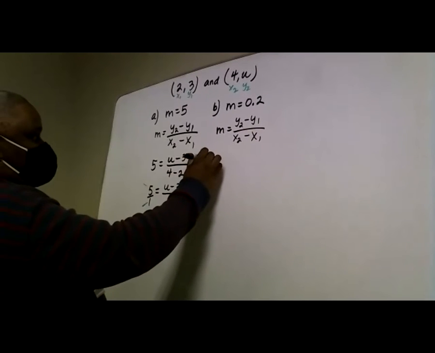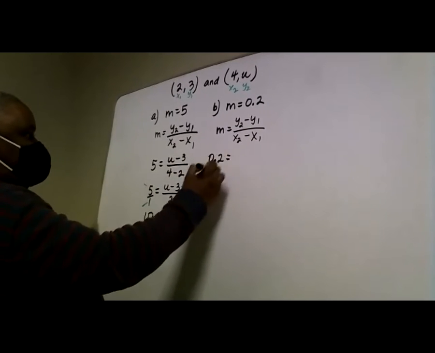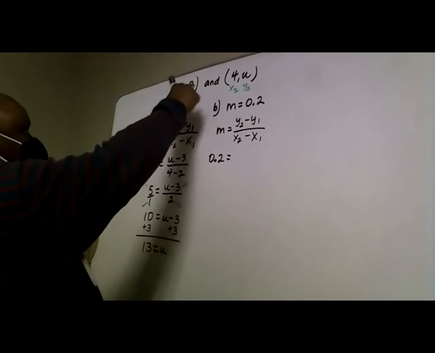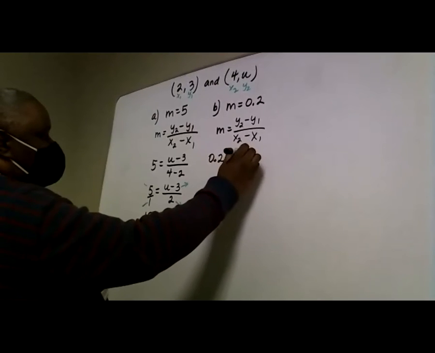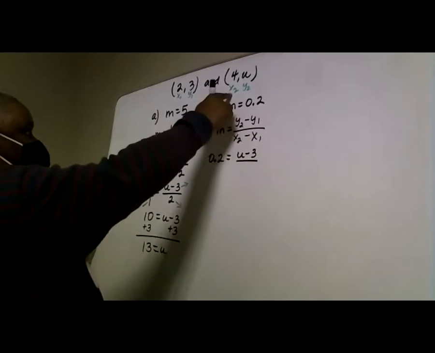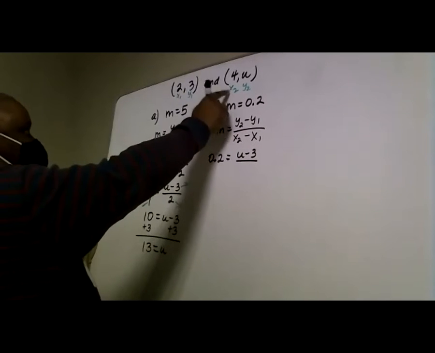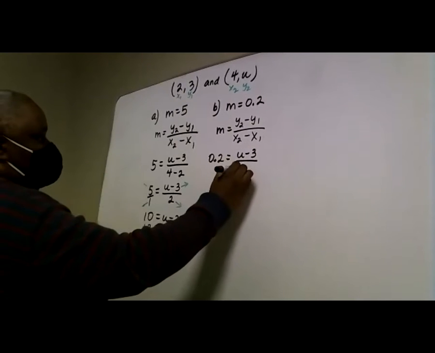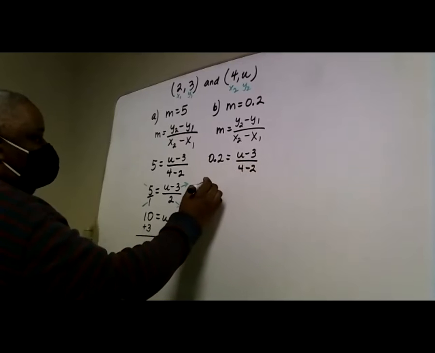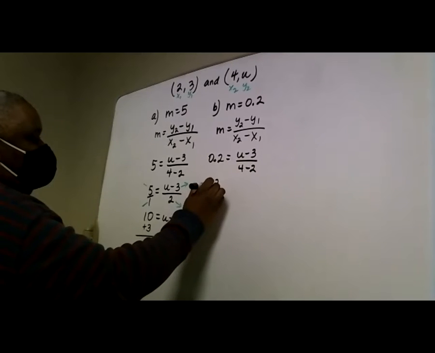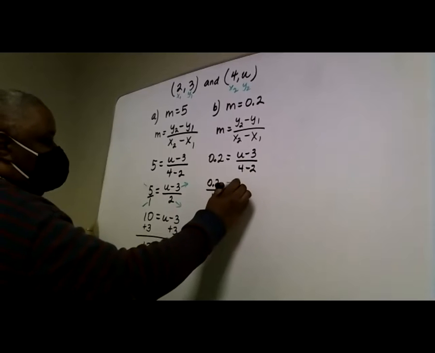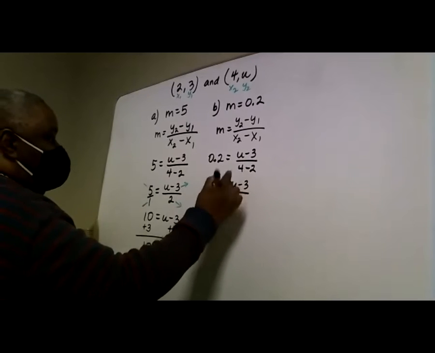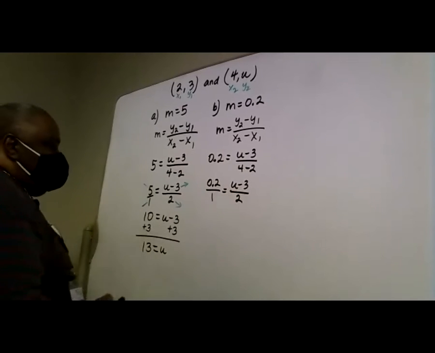Now this time our slope is 0.2, and that's going to be equal to y2 minus y1, that's u minus 3, divided by x2 minus x1, 4 minus 2. Okay. I'm going to put that 0.2 over 1. That'd be equal to u minus 3 over 4 minus 2, that would be 2.